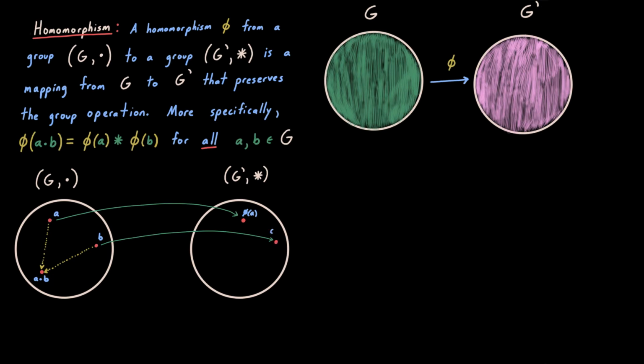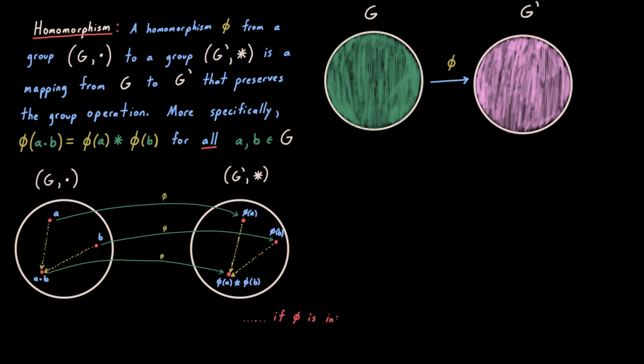Again, it takes elements from G to G prime, and moreover, G prime is a group. So phi A starred with phi B needs to also be an element in G prime. That's what you see there. But the key thing for group homomorphism is that A dot B must subsequently be mapped to phi A star with phi B. That's the key point. That illustrates that formula up there.